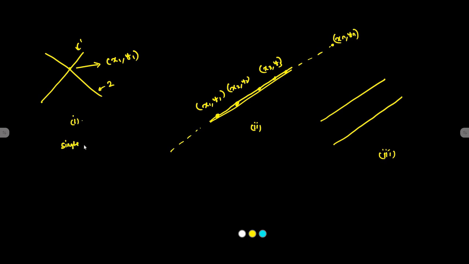So the first condition is a single intersection point. Here, a pair of coincident lines with an infinite number of common, overlapping points.